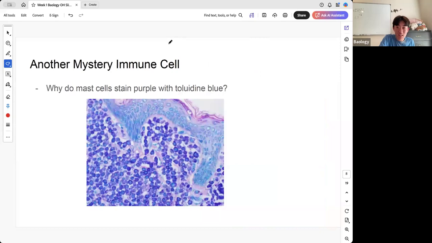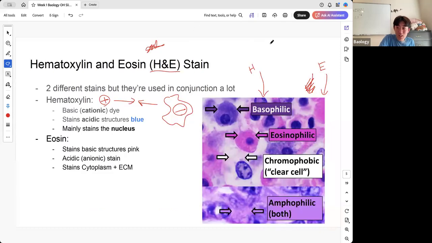So this is an acid, whereas a base reacts with a positively charged proton to become protonated, to get this proton, and then it is positively charged. So yeah, hematoxylin stains acidic structures, and it is most useful for seeing the nucleus.